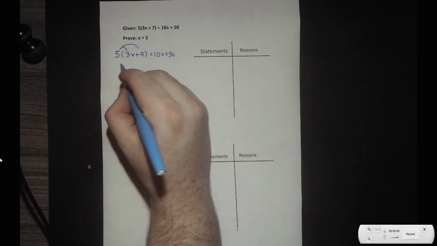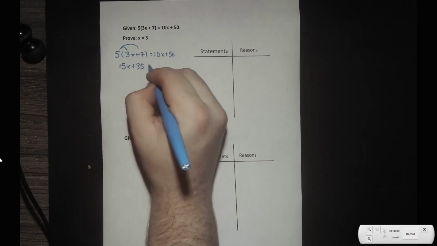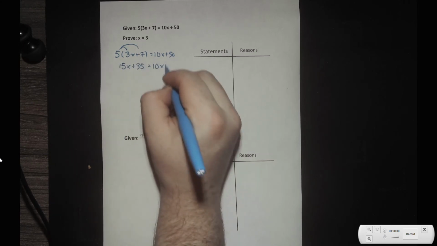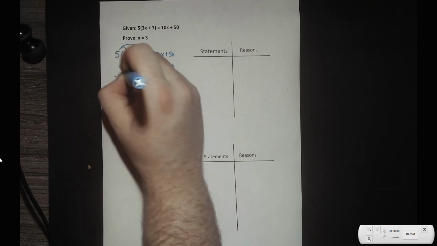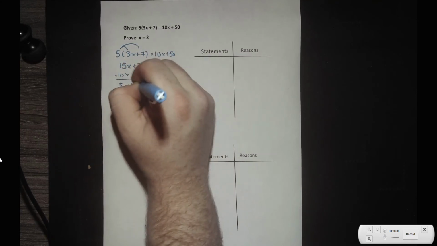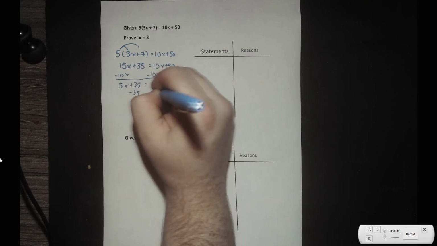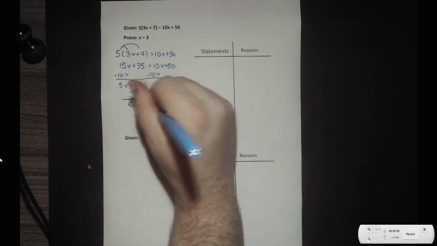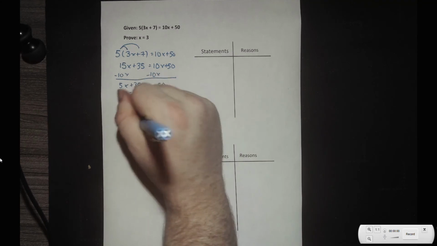Distribute first, and then subtract. Subtract again. Nope, I think I'm good with this x. Divide by 5. I get x equals 3. All good.